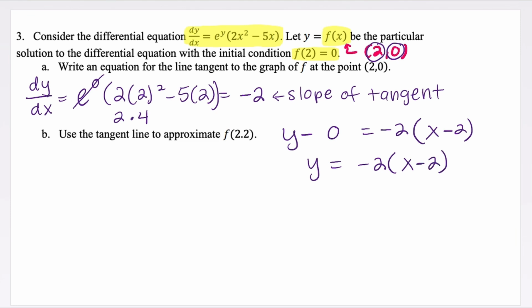I could actually distribute this out and get slope-intercept form, but I'm just going to leave it like it is for now. But what is interesting to me is the y-intercept is going to be 4.